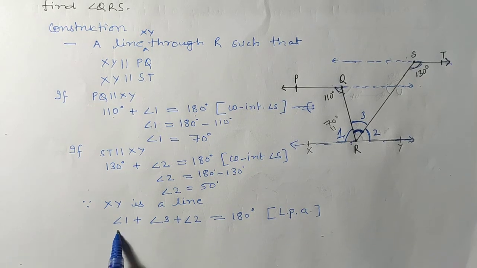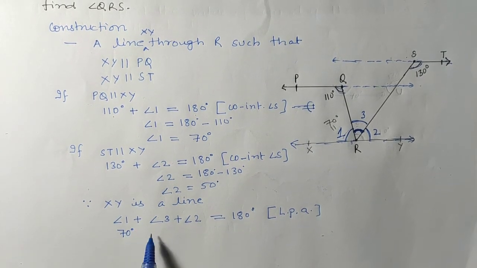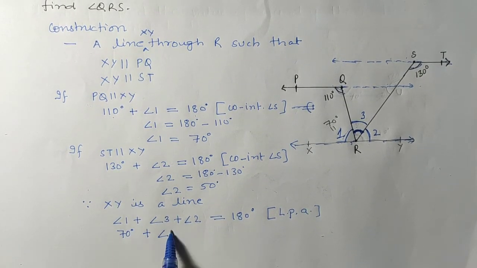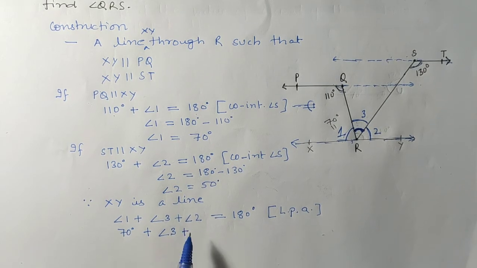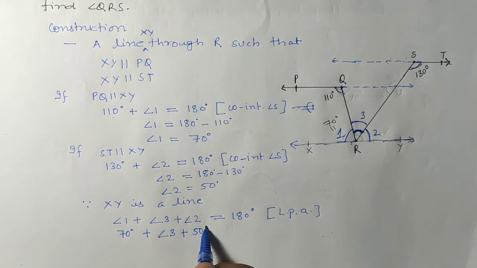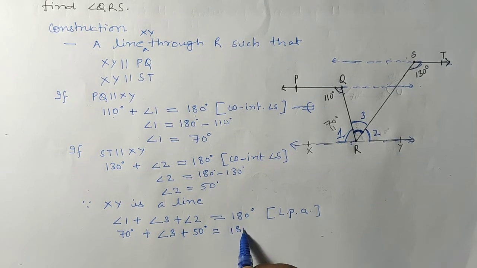Now the value of angle 1 is 70 degree, the value of angle 3 you have to find out, the value of angle 2 is 50 degree, and the sum is 180 degree.